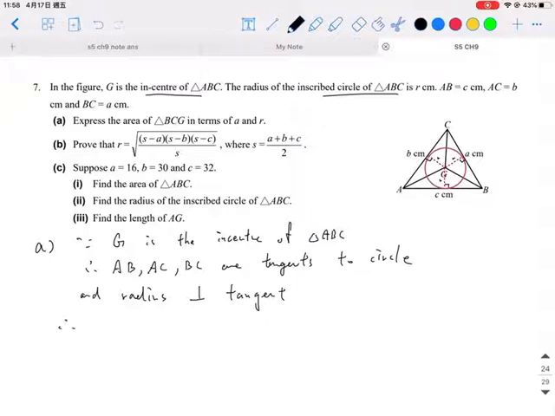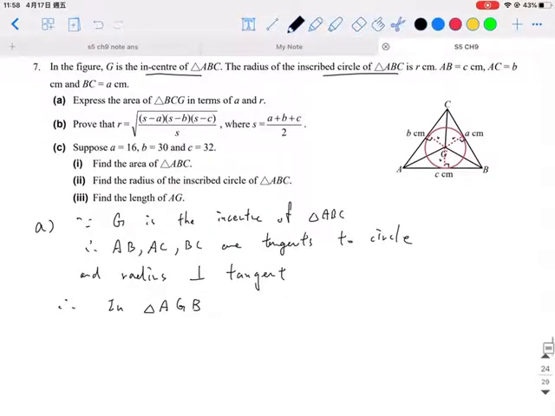So in triangle BCG, because the question is asking about BCG.